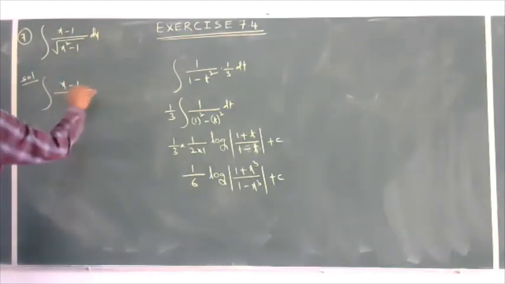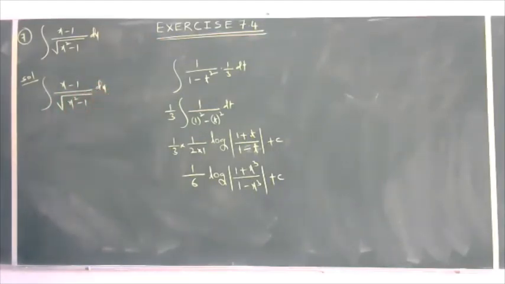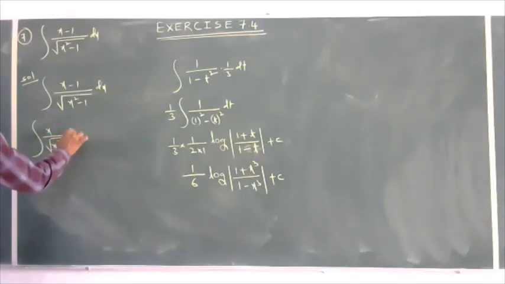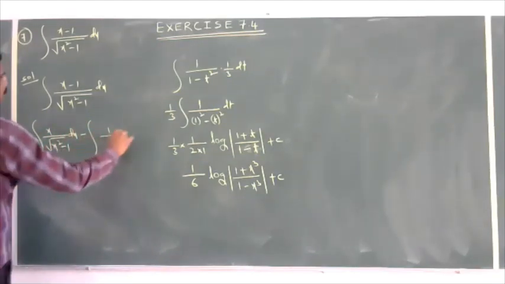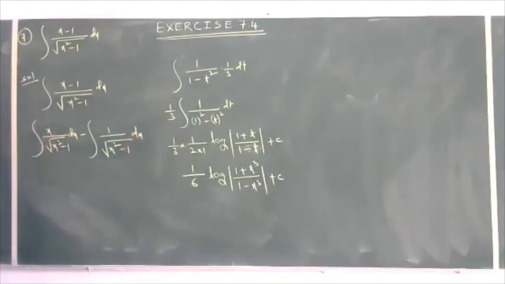Integral x minus 1 by root of x square minus 1 dx. So this can be split into two integrals. That is integral x by root of x square minus 1 dx minus integral 1 by root of x square minus 1 dx.